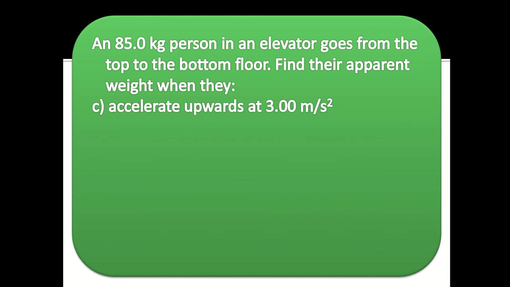in this case, it's accelerating upward at 3 meters per second squared. So again, you're going to pick your direction to be positive. If it's accelerating upward, I'm going to pick the positive to be up.